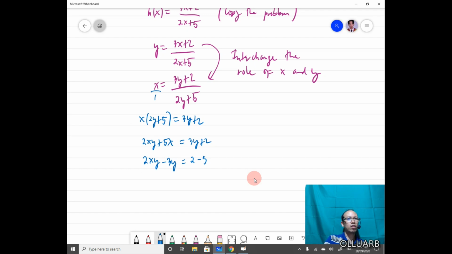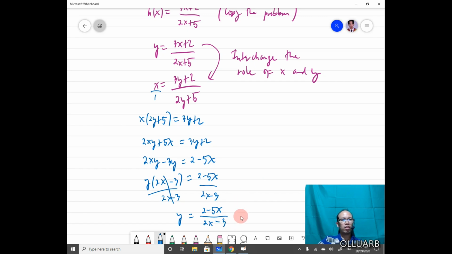2 minus 5x. Factor out 2x minus 3, and then 2 minus 5x. Divide both sides by 2x minus 3. So y is equal to 2 minus 5x over 2x minus 3.